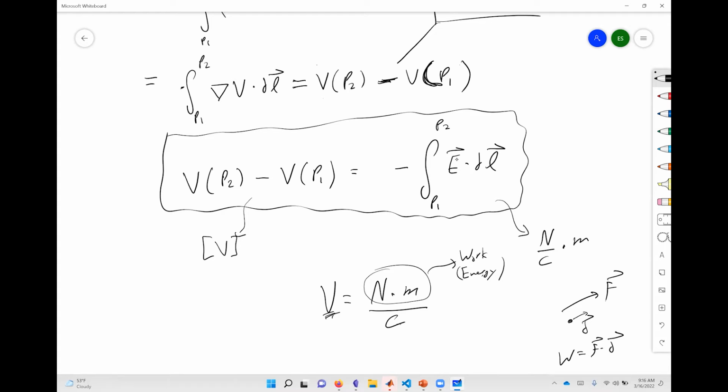Yeah, so we'll show how to interpret this for a point charge. But essentially, with the voltage scalar field, the absolute value at every point does not matter. What matters is the difference between 2 points.